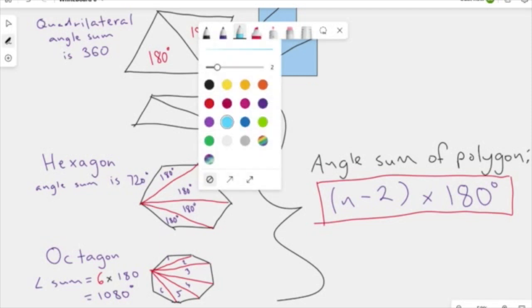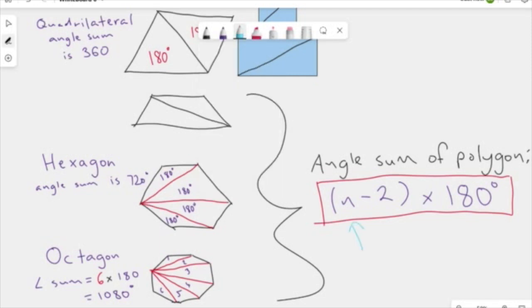and I'm going to make a note here actually, the number of sides, n minus 2, which n is the number of sides of our shape, multiplied by 180 degrees.